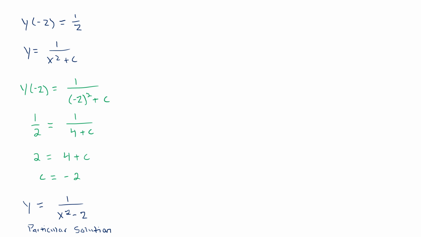So let's do that. Since this is a fraction, we know that when the denominator is 0, it is undefined. So if we set the denominator of our particular solution to 0 and we solve for x, we will then identify the x values that make our denominator 0. So we'll have x squared, if we bring the -2 to the other side, equals 2.